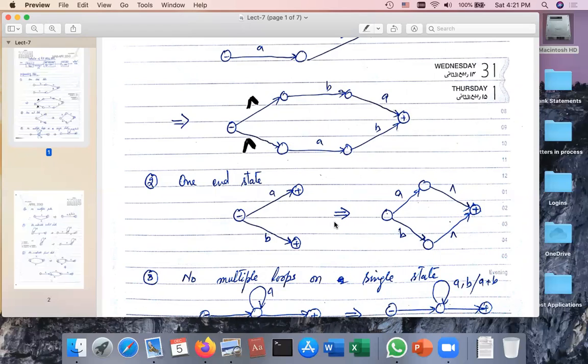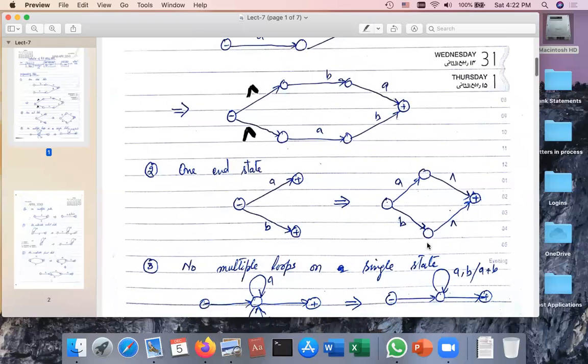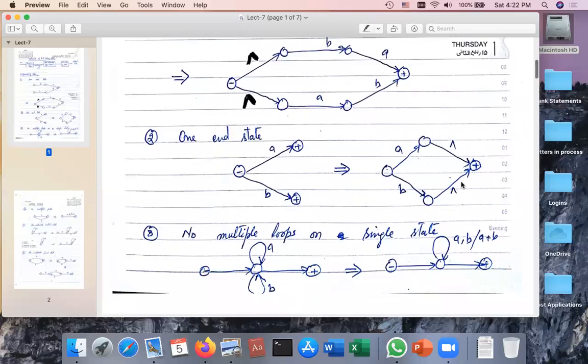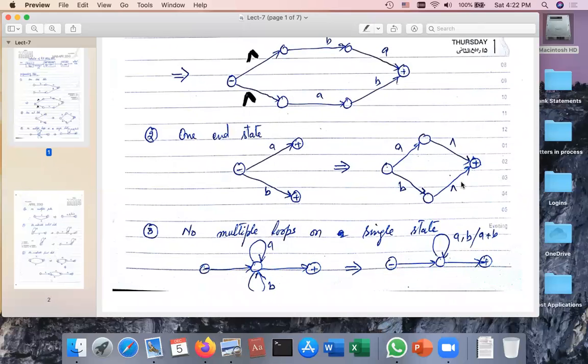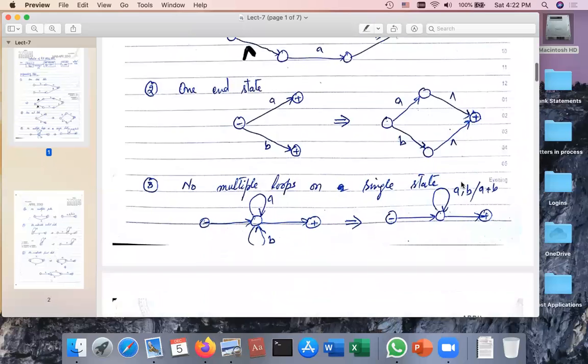In this way you can convert your FA which has more than one final state into an FA which will have only one final state like this, using null transition as you have already done in previous lectures.